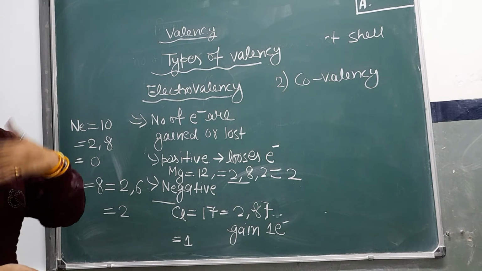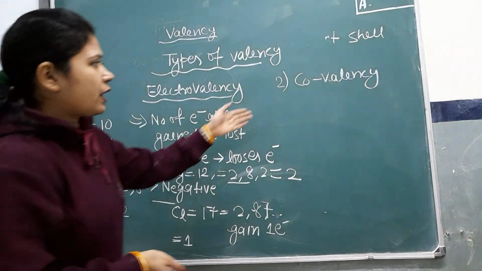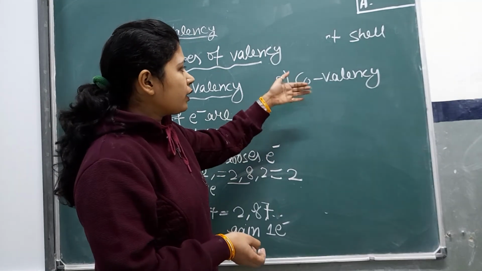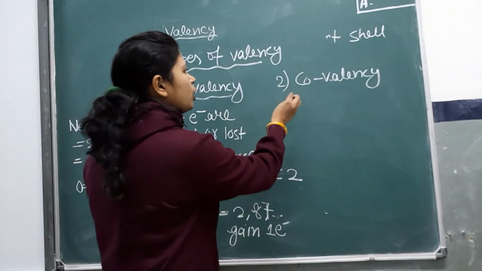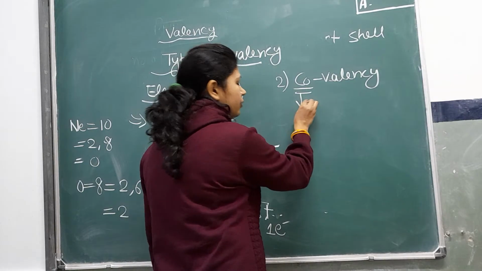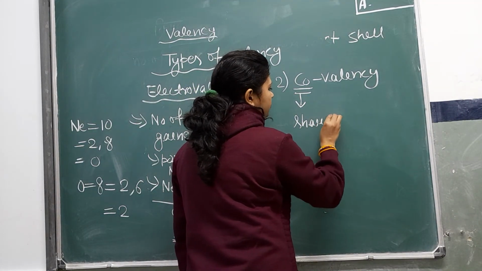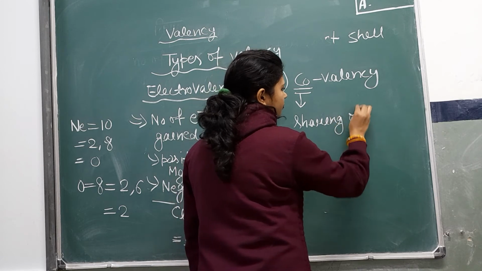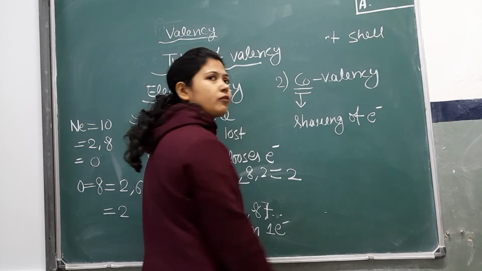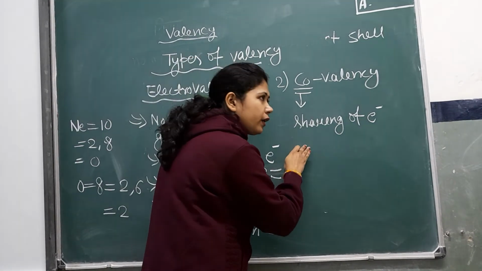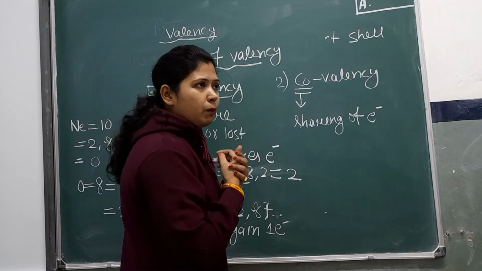So, we'll move to the next type of valency, which is covalency. As you can see here, the word co itself indicates that there is a sharing of electrons. There is sharing of electrons to complete their octet or to make compounds.